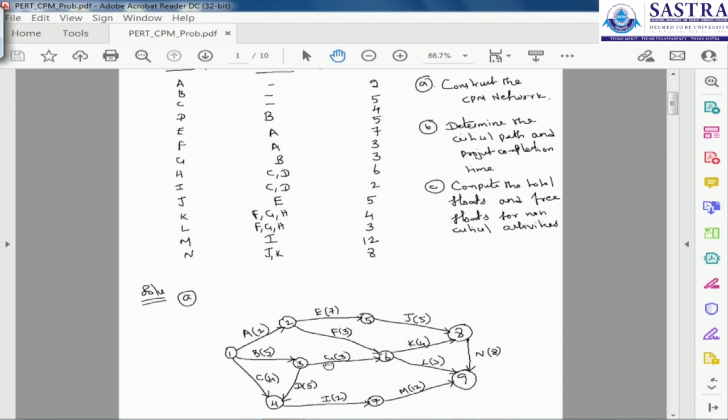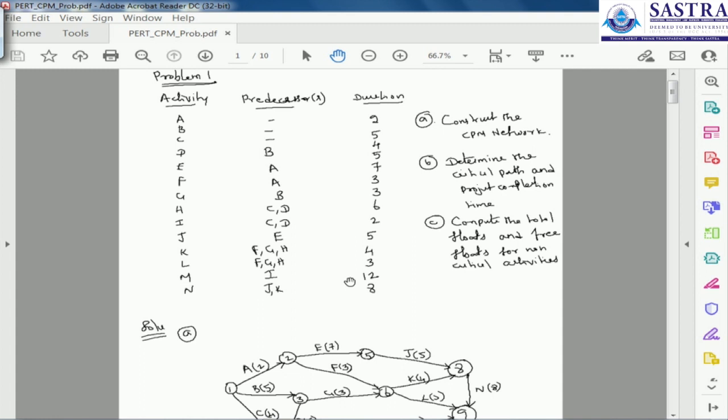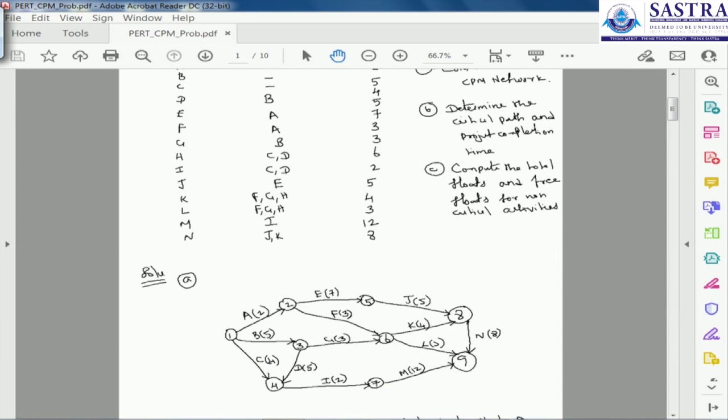After that, we have activity D; you can see it through the table. D has predecessor B, and activity G also has predecessor B. So from B we have two activities going out. From node 3 we have activity D, with duration 4, so we draw the activity from 3 to 4.